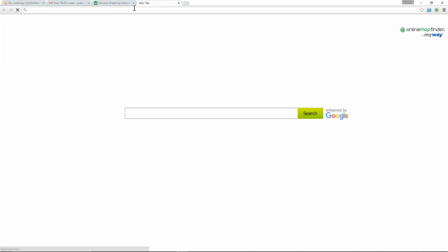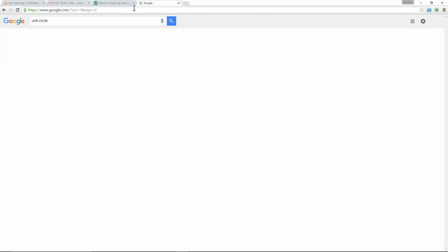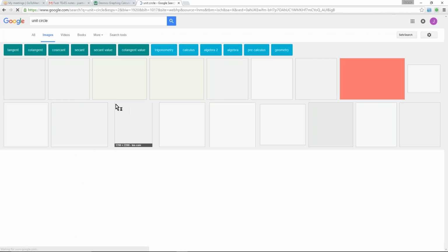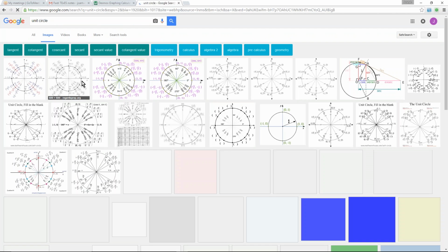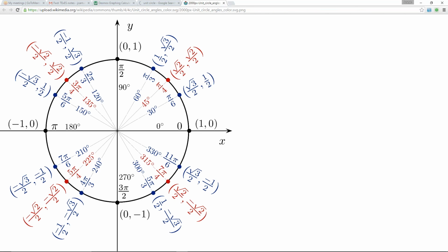So if you look at the unit circle, here's my unit circle. My x-coordinate is only 0 right here at pi over 2, and only 0 right here at 3 pi over 2.